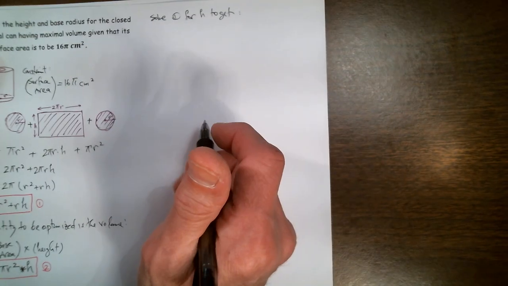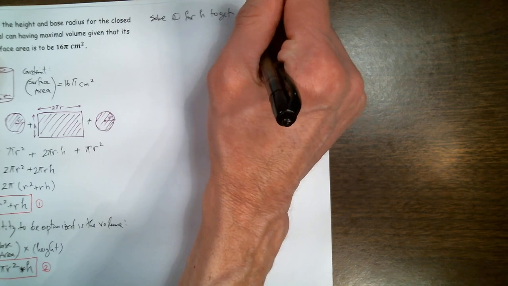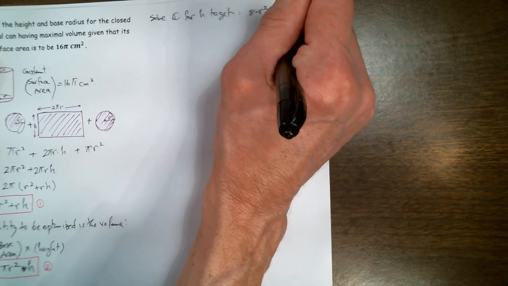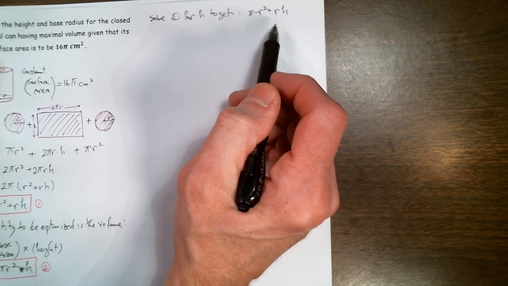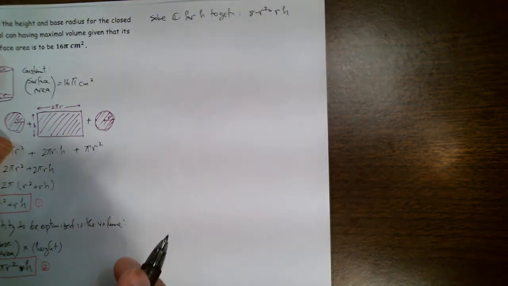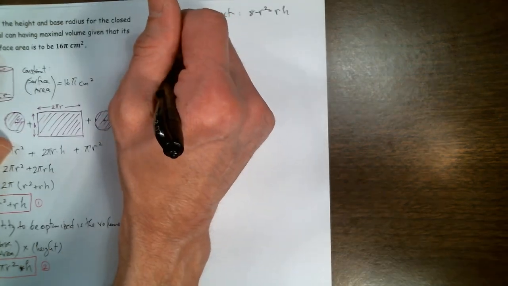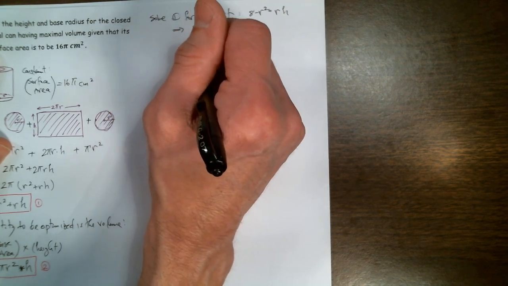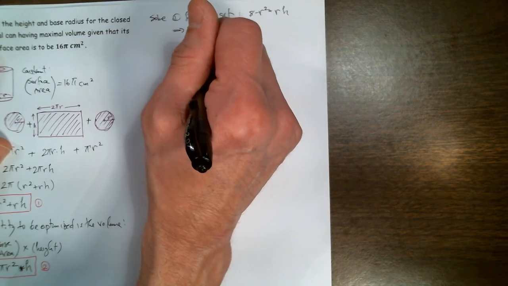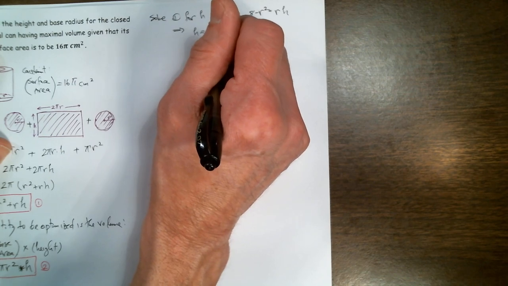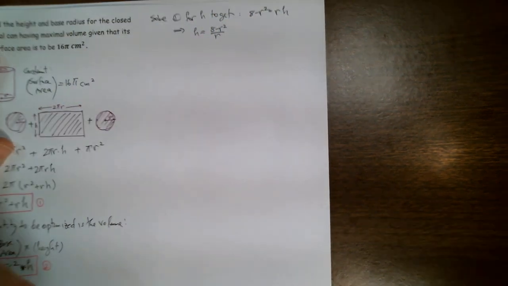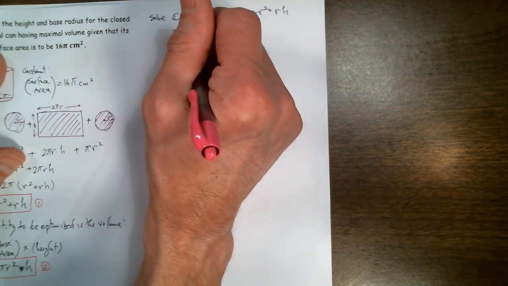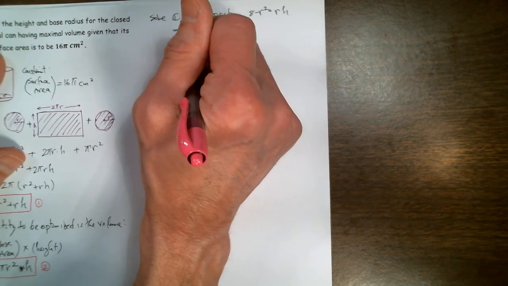So we'll have that 8 minus r squared equals r times h. And then simply now divide both sides by r. So thus, h must equal 8 minus r squared all divided by r. Okay, so let's call this equation 3.